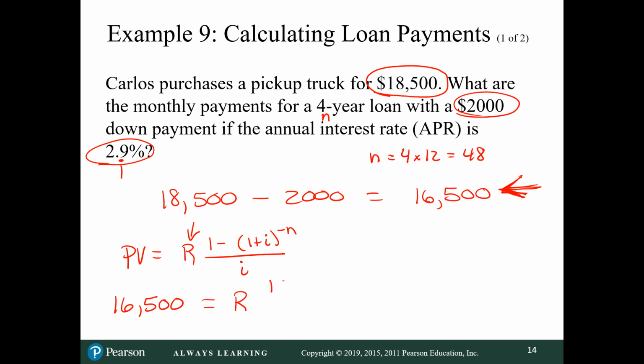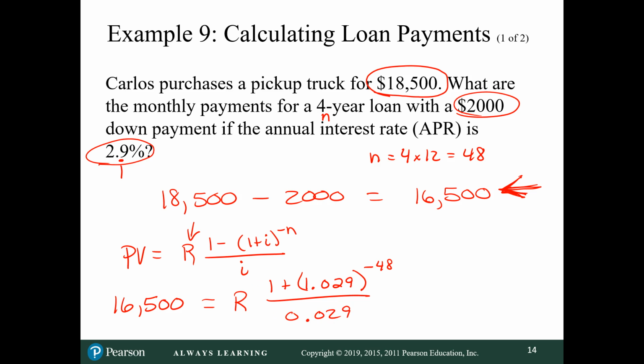So you take 1 plus 1.029 to the negative 48th power over 0.029. All right.